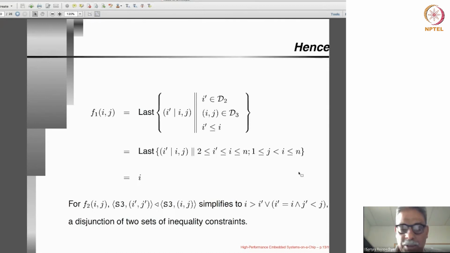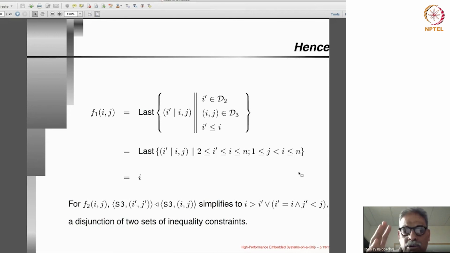In this case two, but in general a union of polyhedra. So the lexicographic order among indices, the execution order, can be broken up into the disjoint union of polyhedra.